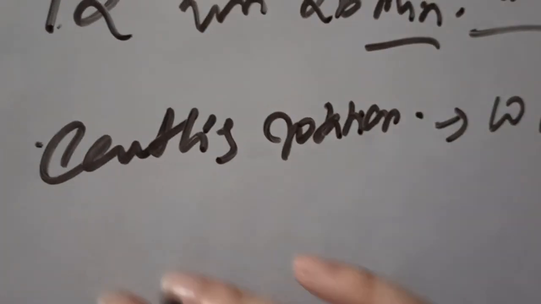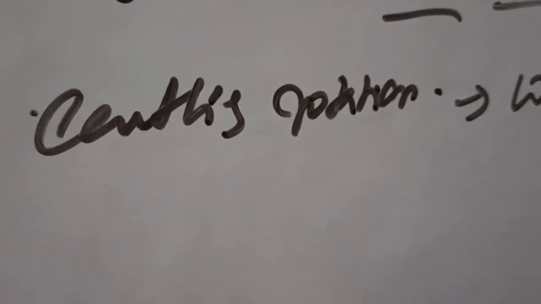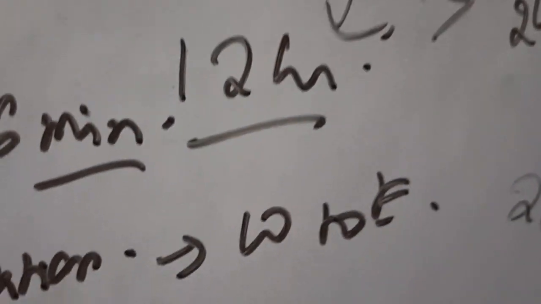So if the moon had been stationary, the places on the earth's surface would have come exactly under its effect every 24 hours, and the next primary high tide would have occurred exactly after 24 hours. But the moon revolves around the earth and completes one revolution in almost 28 days.